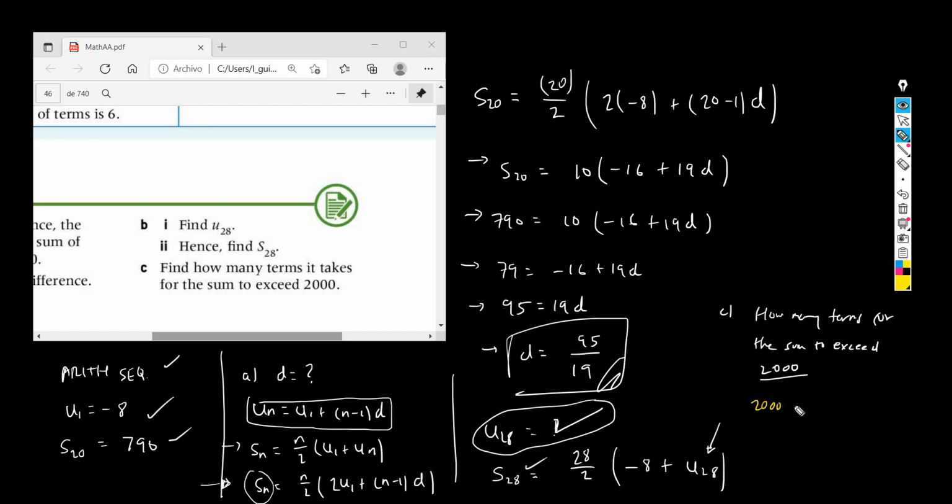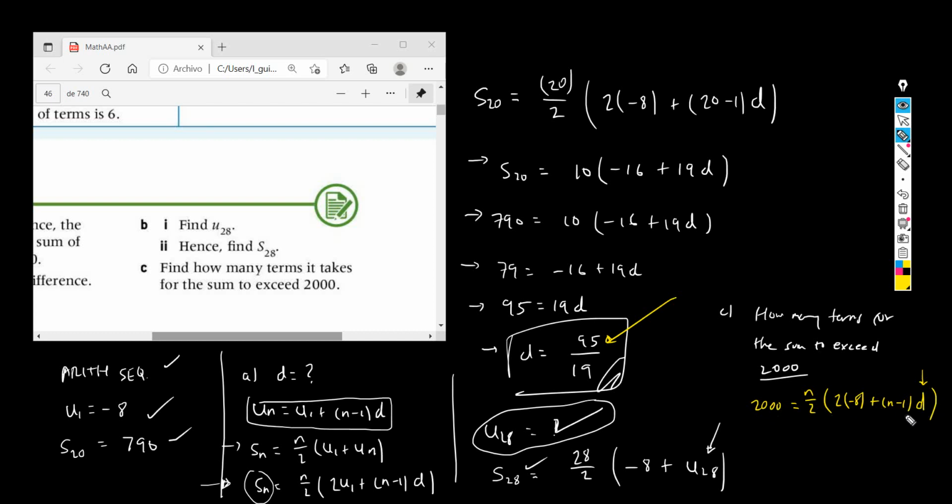So I'm gonna put 2000 there, and I'm gonna write n over 2 that multiplies U1, which you have, which is minus 8, plus n minus 1 times d, which you also have because I got it for you in here, right? So you're gonna input that difference in there. I don't want to write it down.